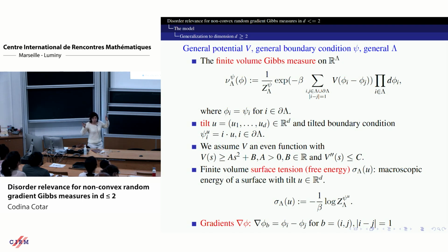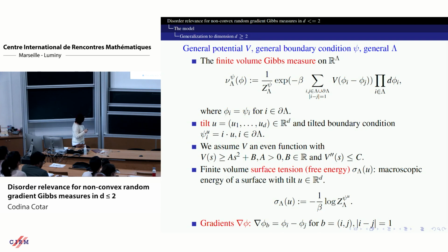Now, one particular kind of boundary condition that people like, and that comes in useful for a lot of characterization, is the so-called tilted boundary condition. So basically, I'm just going to fix some u in R^d, and the tilted boundary condition is something which looks like that.